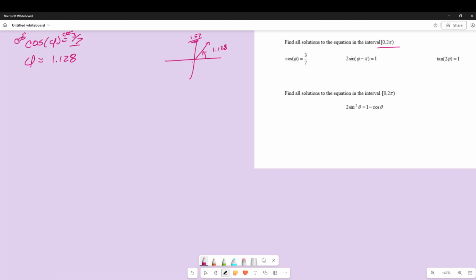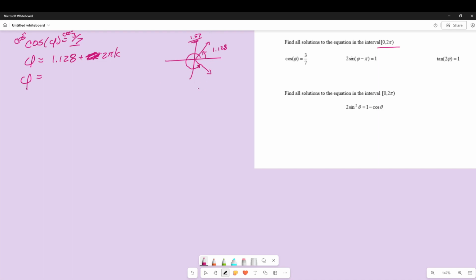So we're going to get that answer plus anything coterminal to it, plus 2 pi k. But we also know we're going to get another answer down here in quadrant 4. For that one, we can either use the negative 1.128, or people like to give the positive first rotation answer, which is fine.